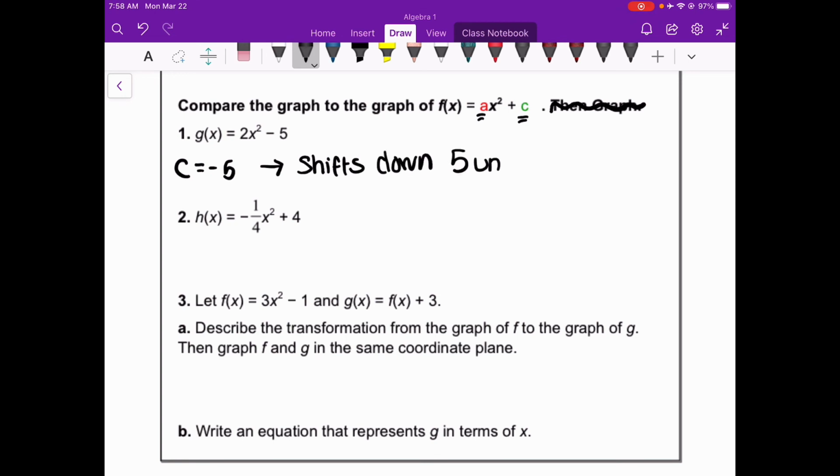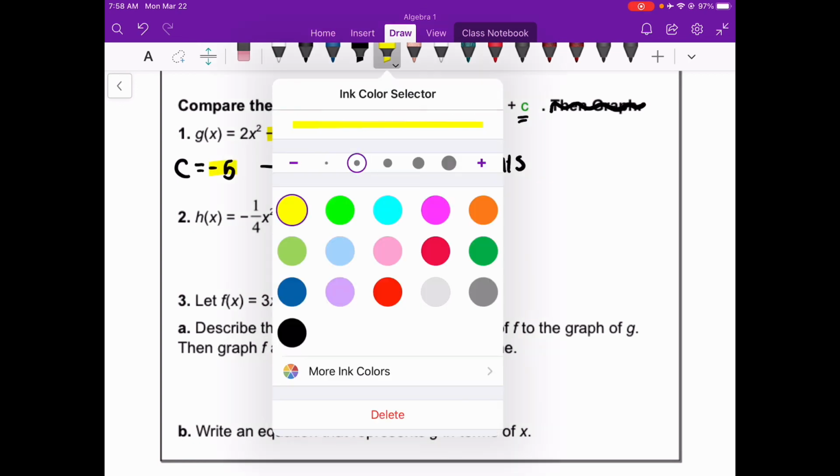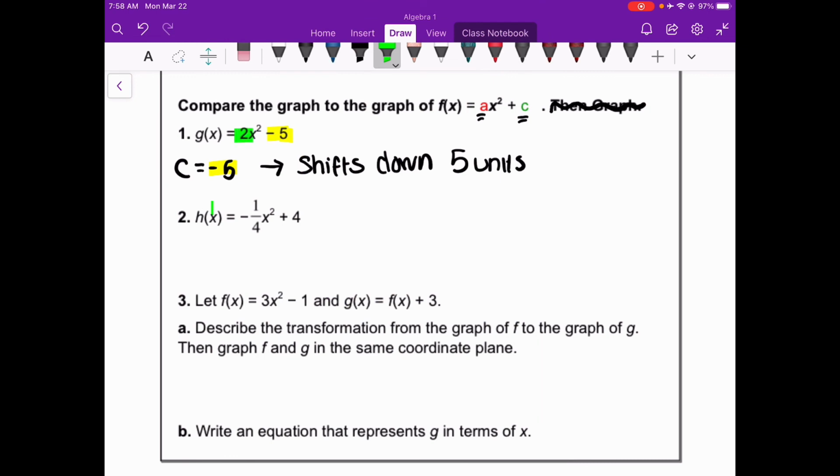You can write units. Let's talk about the A value now that we learned what this value does. A is 2, which is bigger than 1, and therefore there is a vertical stretch. It became more narrow because 2 is larger than 1.